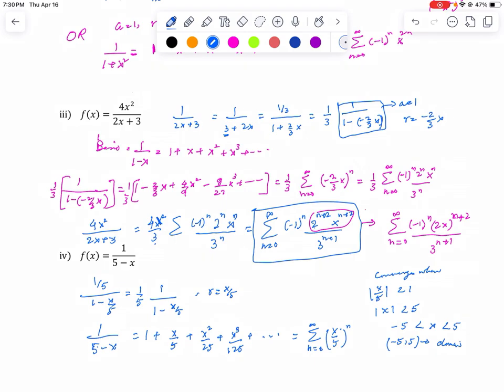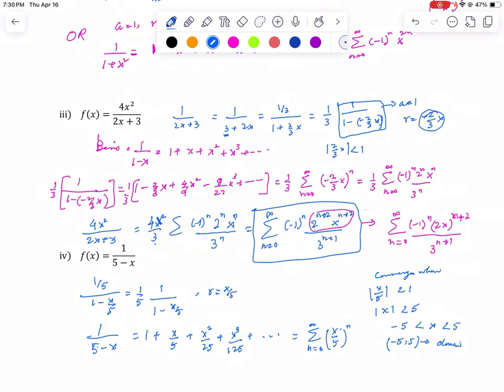The previous problem, what was our r? r is this quantity. So our domain will be when negative 2 over 3x, well, negative goes away because we are taking the absolute value. So 2 over 3x is less than 1. What does that mean?